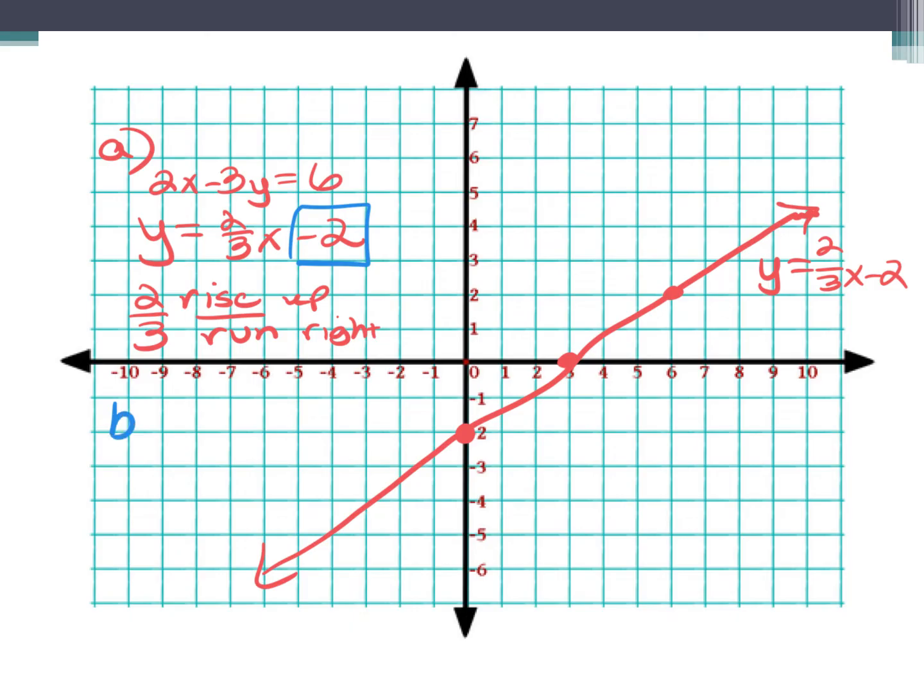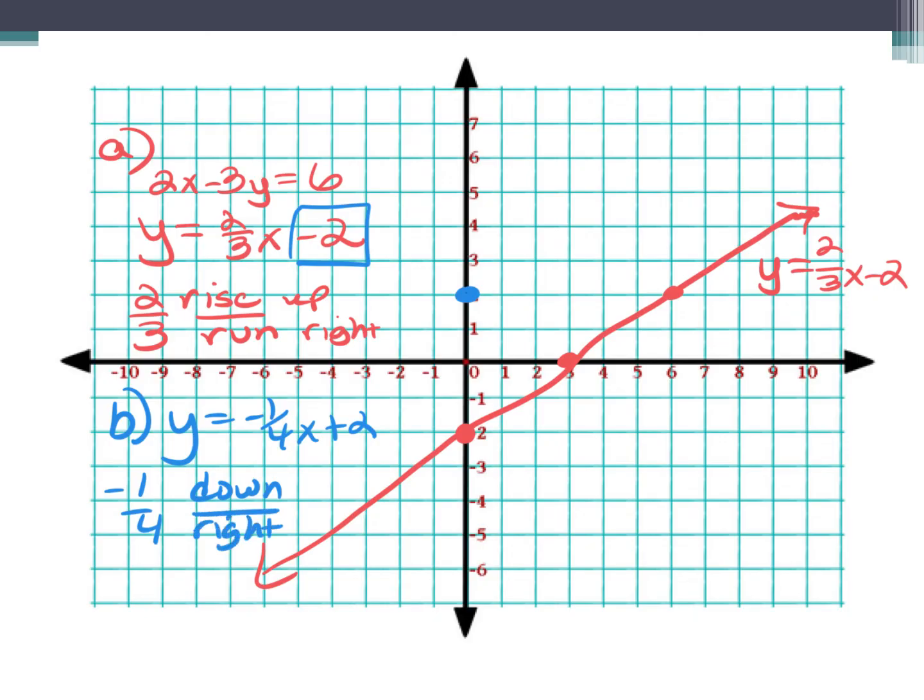Next, I'm going to do B's equation, which was already rearranged for me, the -1/4 x plus 2. This time my beginning point is on +2. And notice my slope is negative. So my rise and run here, I'm going to go down for my rise 1 unit, and then I'm still going to move to the right.